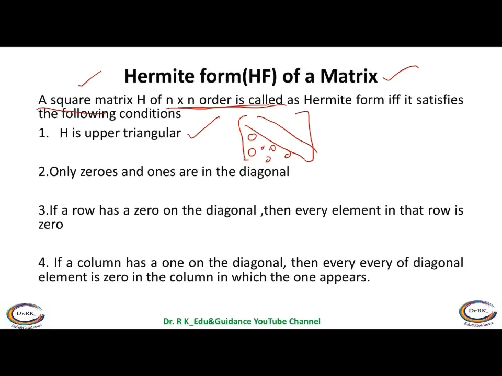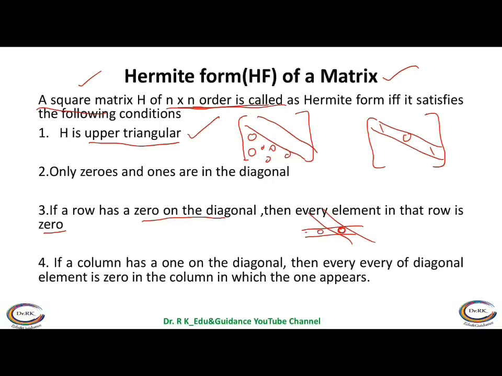The second condition is that only zeros and ones are in the diagonal. There should not be any other number. The third one is, if a row has a 0 on the diagonal, then every element in that row is 0. That means if you take any row and the diagonal element is 0, then the rest of the elements in that row are zeros.